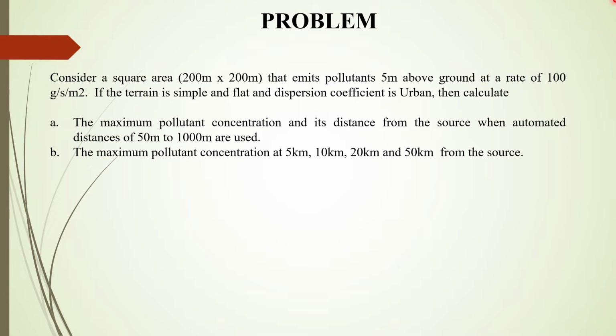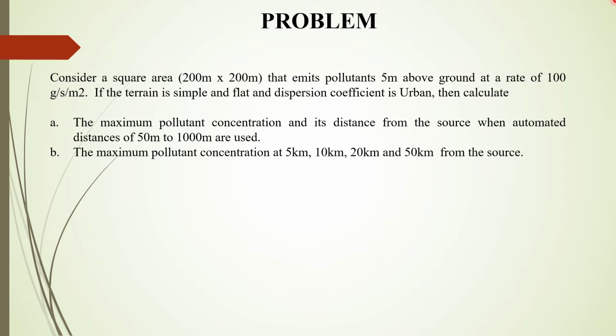If the terrain is simple and flat and the dispersion coefficient is urban, then calculate the maximum pollutant concentration and its distance from the source when automated distances of 50 meter to 1000 meter are used.